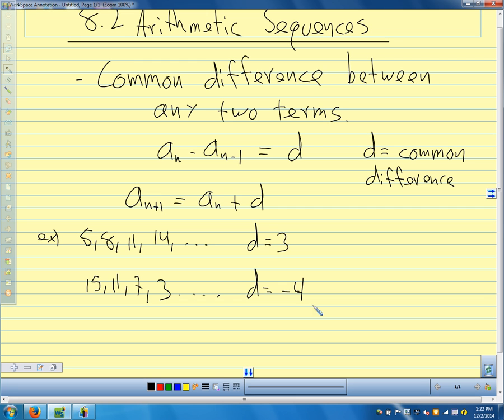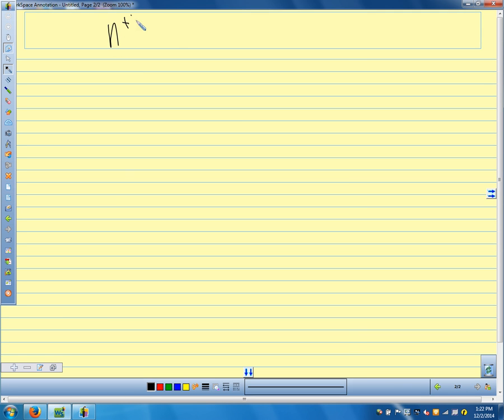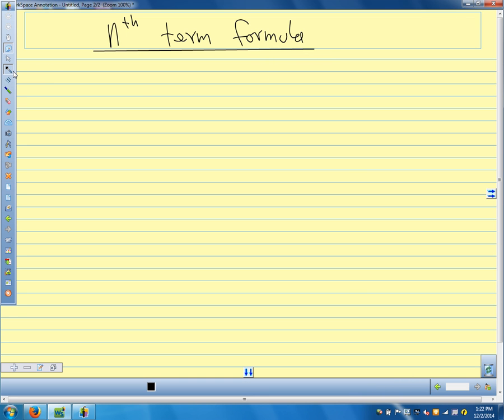So we just plug in 20 for the 20th term and get what our 20th term is going to be. So let's look at that. We call this our nth term formula. We just want a way to figure out what the 20th term, what the 75th term is, et cetera.